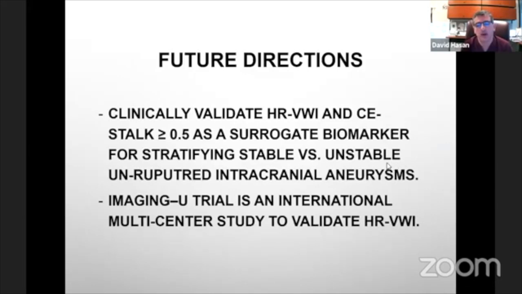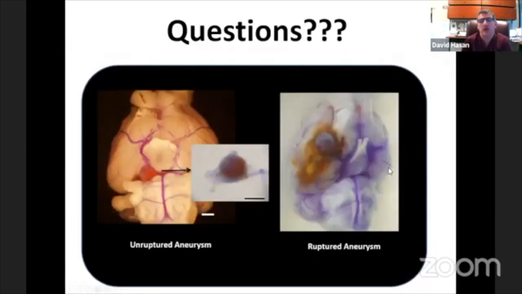We'll keep you updated, but this is an opportunity for people around the globe to adapt this, do their own work, and add some of their experience and scientific work to either validate or not validate it.